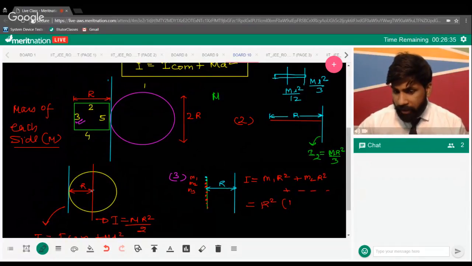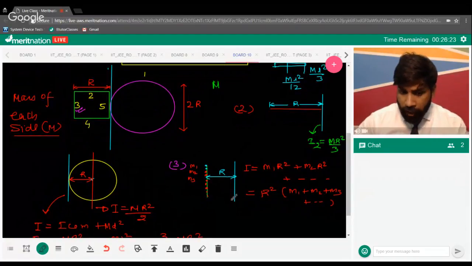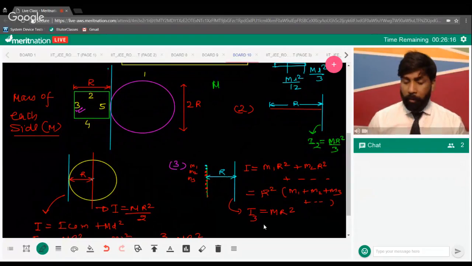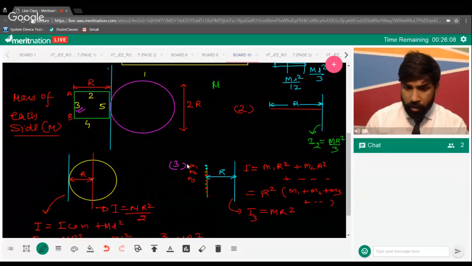Then we get m1 plus m2 plus m3, and so on, which gives the mass of this entire rod. It means the moment of inertia of this rod about this blue color axis is simply mr square. This is our third part, the moment of inertia of this side AB about this blue color axis: mr square. Now move on to the next part.